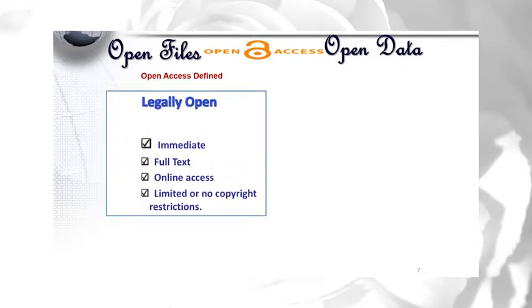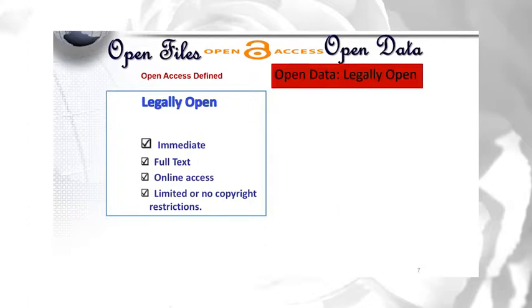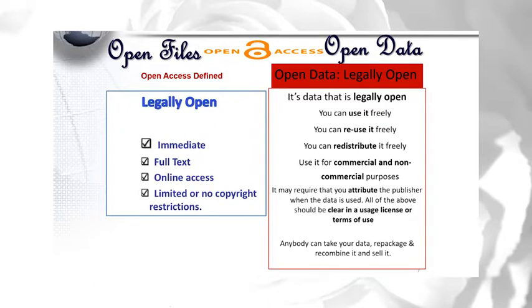Therefore, open is legally open, where you have immediate full text online access with unlimited or no copyright restrictions. Similarly, open data is also legally open. It is data you can use freely, reuse and redistribute, for commercial and non-commercial purposes.